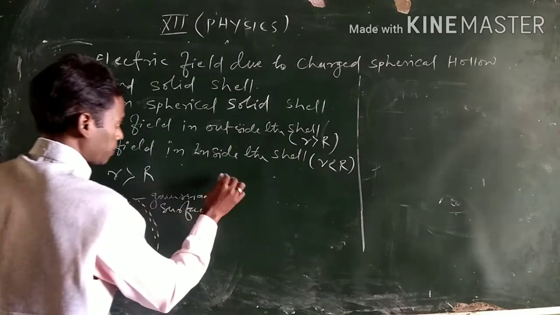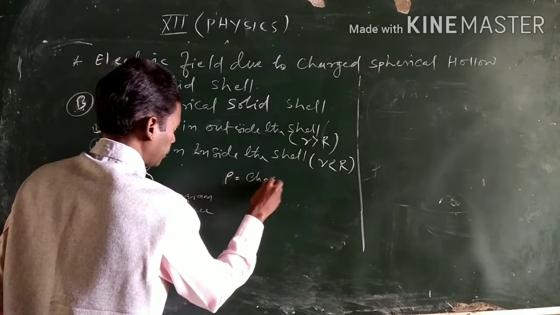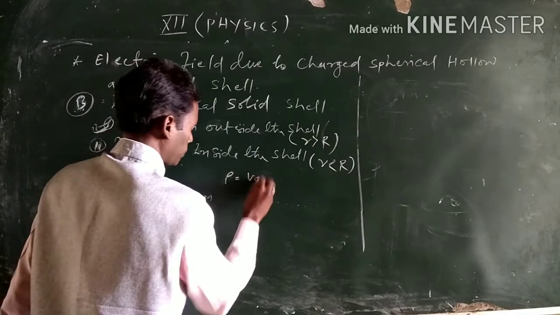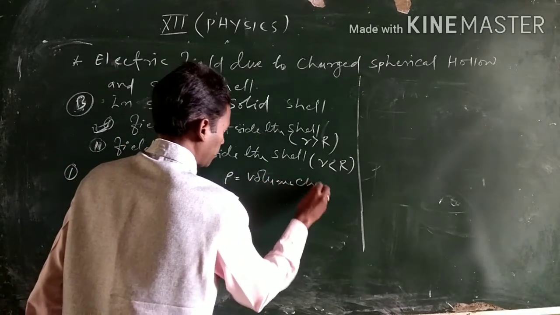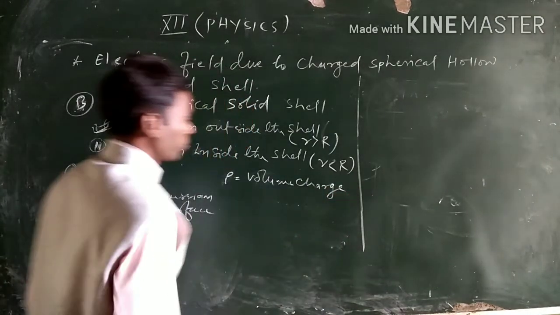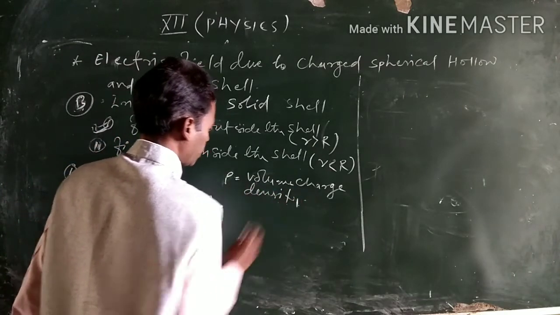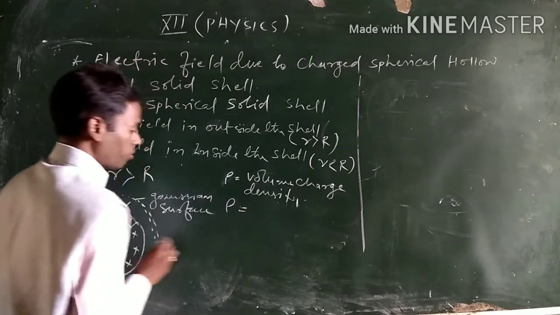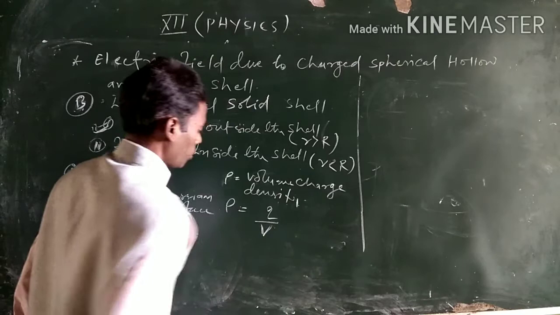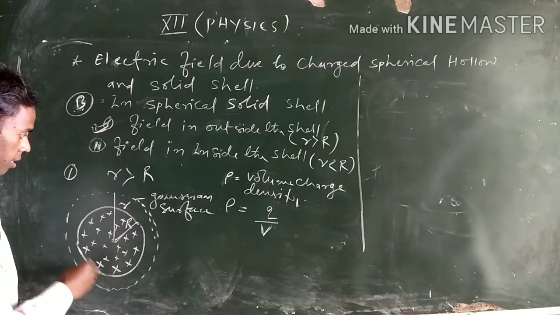And here we have to take rho, the volume charge density. The density formula is rho equal to net charge divided by volume. Here is the net charge.